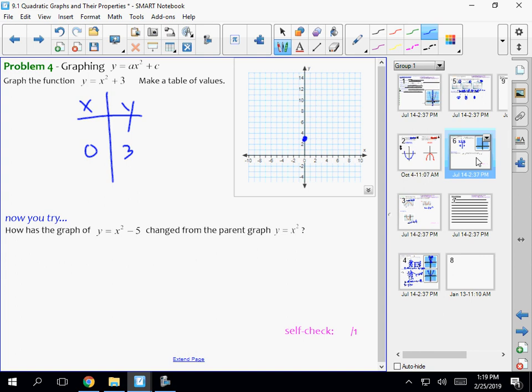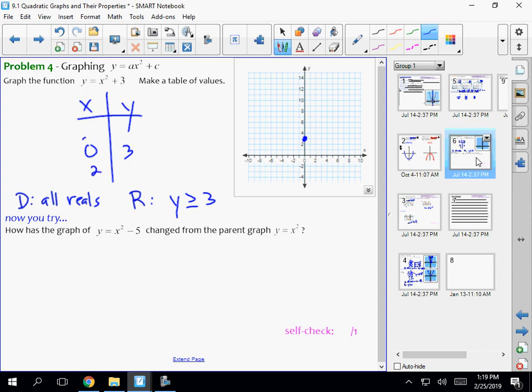So if I were to describe the range of this, it's going to be y is greater than or equal to 3 this time, not 0. Okay, domain is still all reals. We need to pick a value on each side of this, so it's your choice. You could pick, okay, -2 and 2.